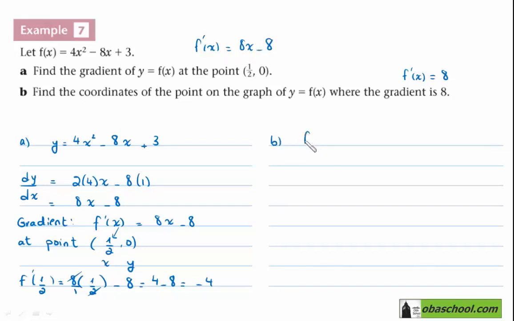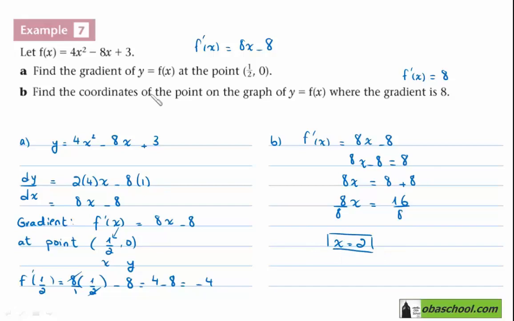Then for f prime of x equal to 8, we can say 8x minus 8 equals 8. We can now add 8 to both sides, then we will get 8x equal to 8 plus 8, which equals 16. Dividing both sides by 8, we get x equal to 2.